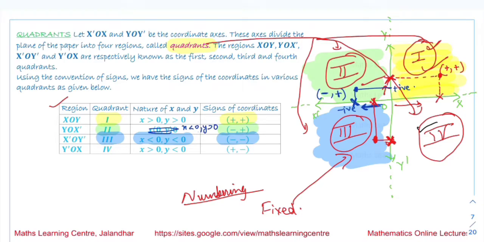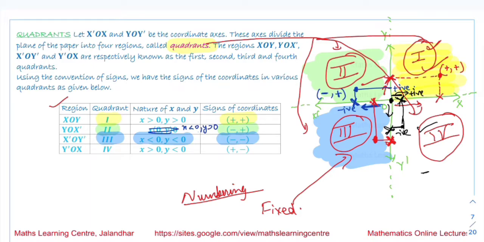Similarly in the fourth quadrant, the value of y is negative and the value of x is positive. The x coordinate being positive means the point is on the right-hand side of the origin. This is below the origin, so the y coordinate will be negative.